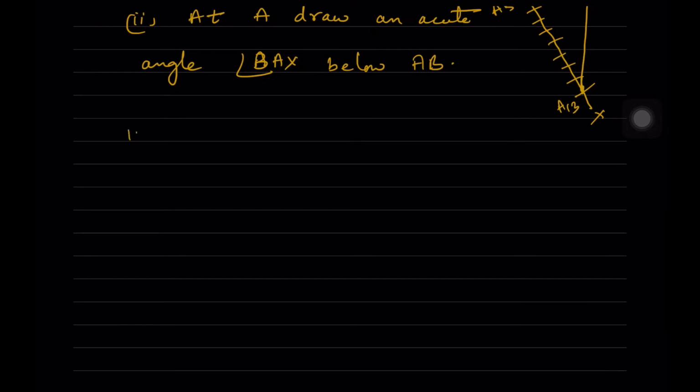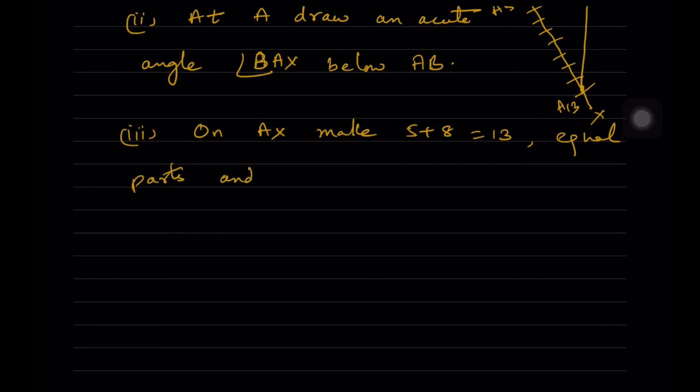Then the third step is, on AX make 5 plus 8, that is 13, equal parts and mark them as A1, A2, A3, and so on up to A13.